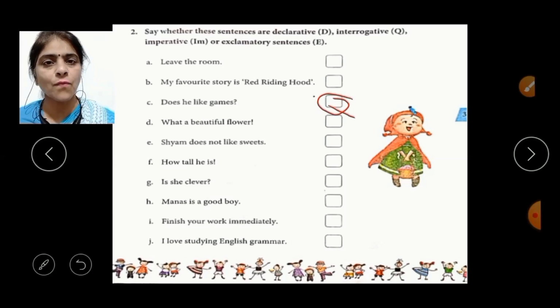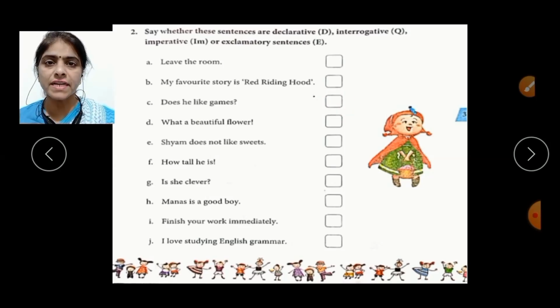Now, let's have the fourth one. The fourth sentence is, what a beautiful flower. This sentence expresses sudden feeling or emotion. And expression of surprise is associated with this sentence. So this is an exclamatory sentence. Along with that, you can observe this sentence is having exclamation mark at the end.